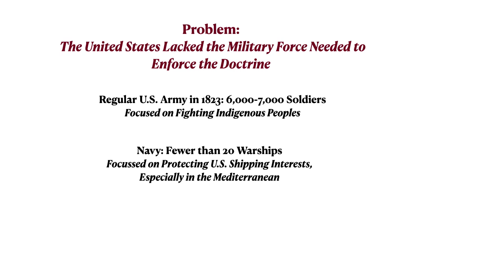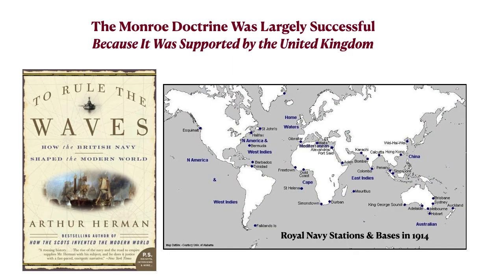They certainly couldn't have prevented France, for example, moving into Latin America. But one country that could prevent that was the United Kingdom, which by this time had by far the world's largest navy. It had established that in the early 1700s with the War of Spanish Succession.